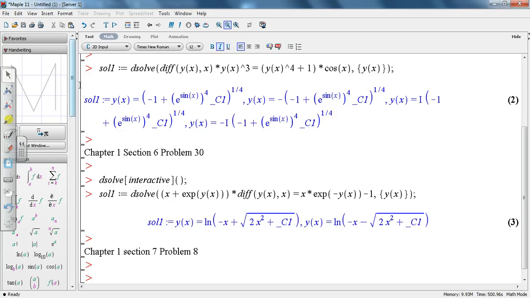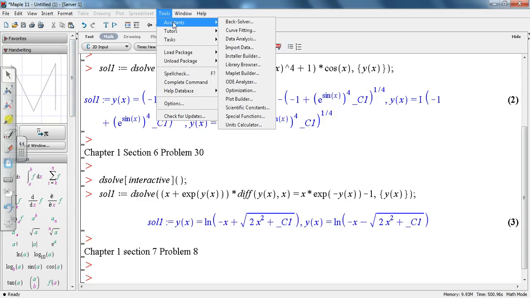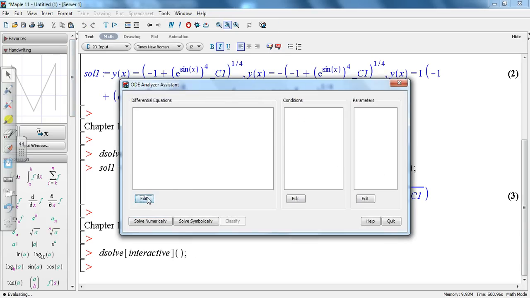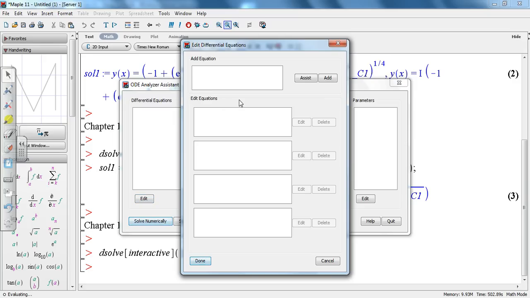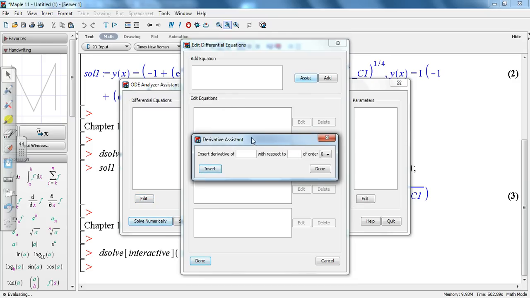I would again go to the differential equation assistant tool, put in my equation, and I want x with respect to t, and I need a first order differential equation, and then it looks like I have two x's, so I'll insert two x's as well.